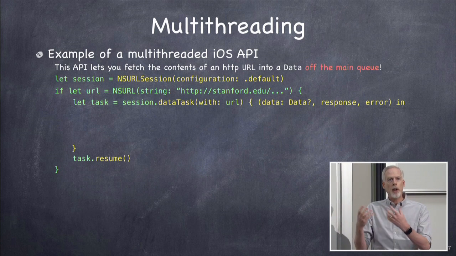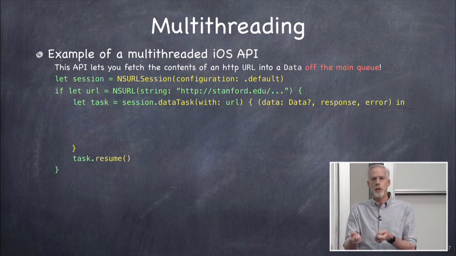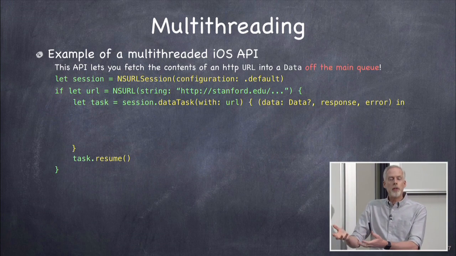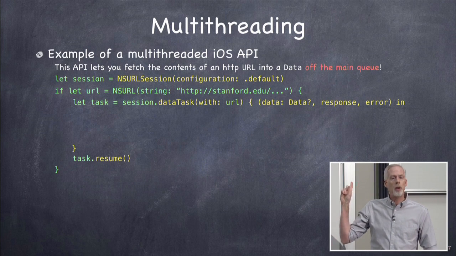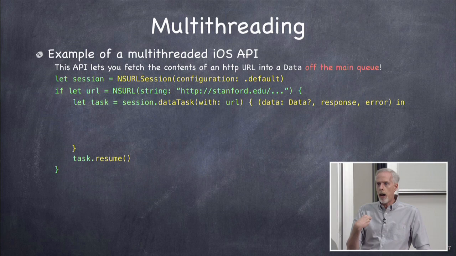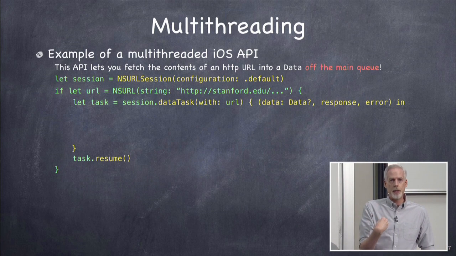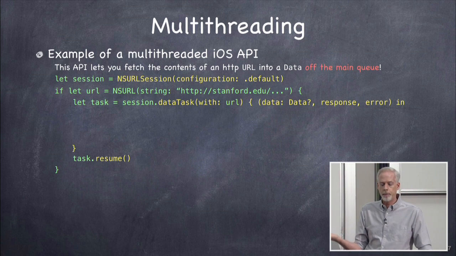What this does is it creates a data task object with that URL that you want to get. When you send it off to fetch it, when it comes back, it will call this closure, and this closure has 3 arguments. The data it got from the URL, the URL response, and then some error if some error happened trying to get it.